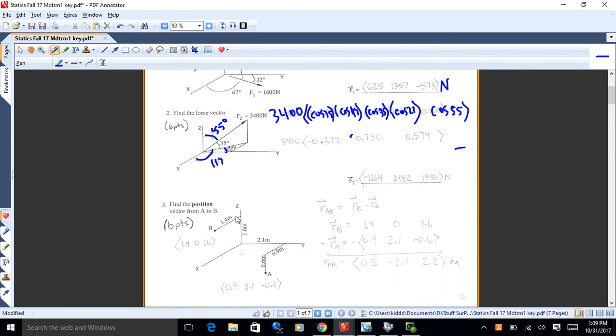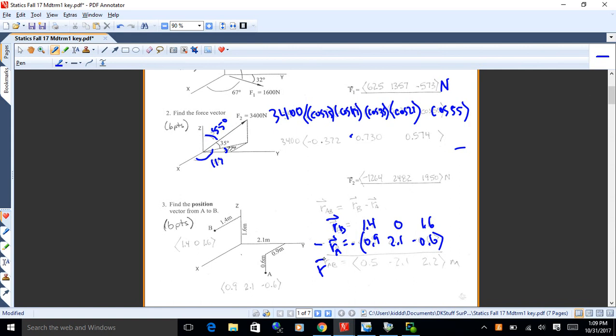Okay, the last one's just a position vector. So you want RB, and that's 1.4, 0, and 1.6, and then you take away RA, and that's going to be the negative of 0.9, 2.1, and negative 0.6.